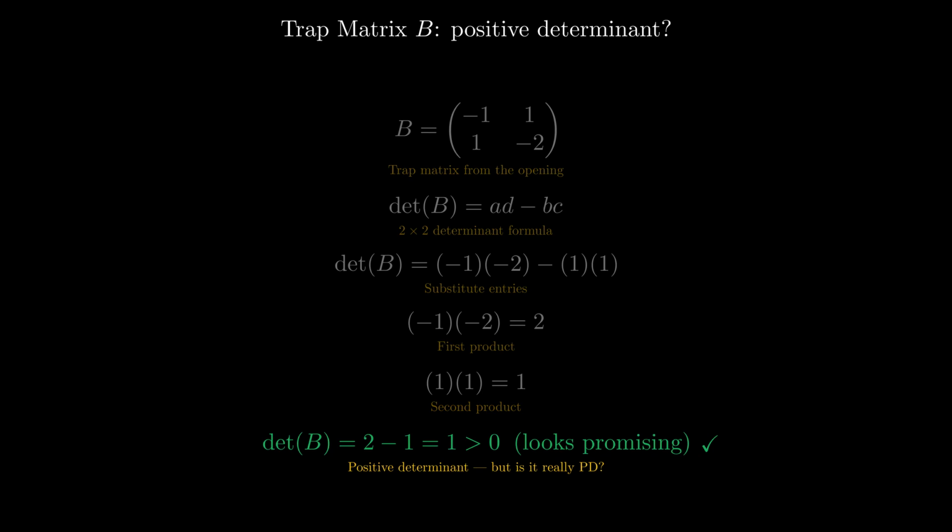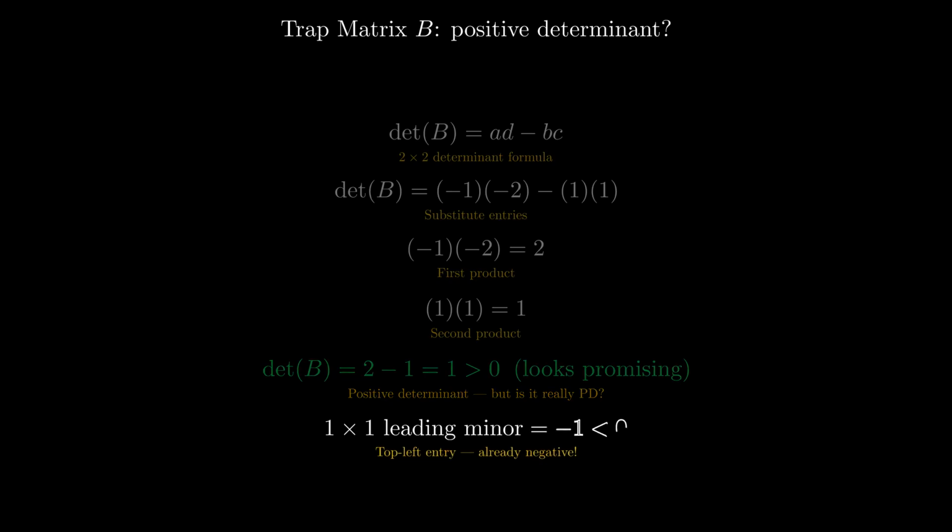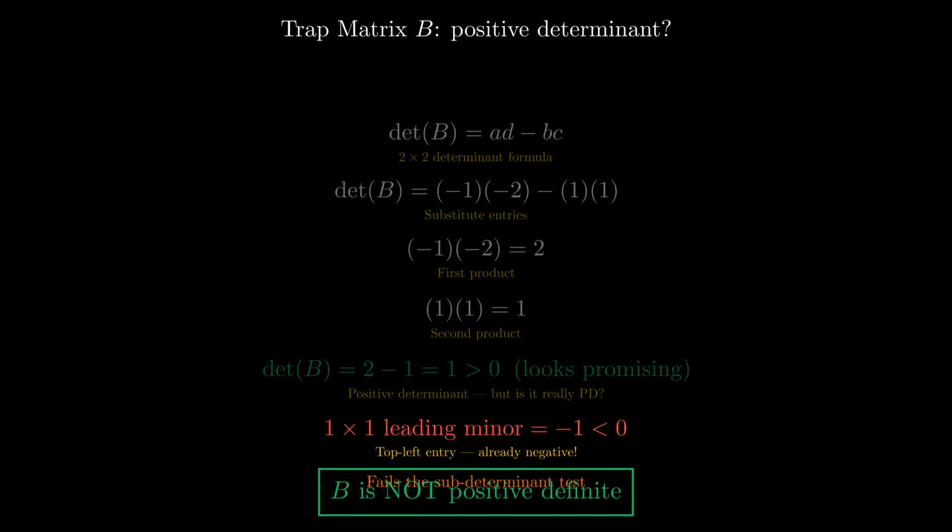A positive determinant looks promising, but now check the 1 by 1 leading minor. That's just the top left entry, -1. Already negative. The matrix fails the sub-determinant test immediately, so B is not positive definite. Let's confirm with eigenvalues. The trace of B is -1 plus -2 equals -3. The determinant is 1.